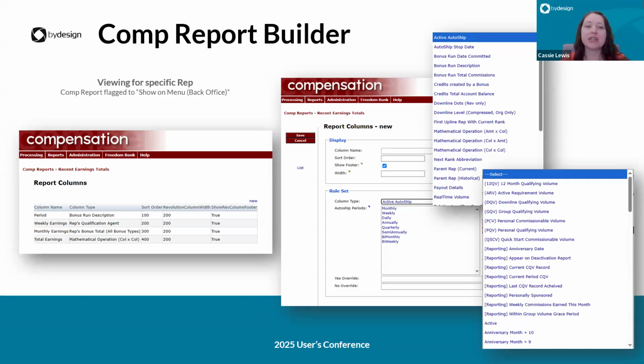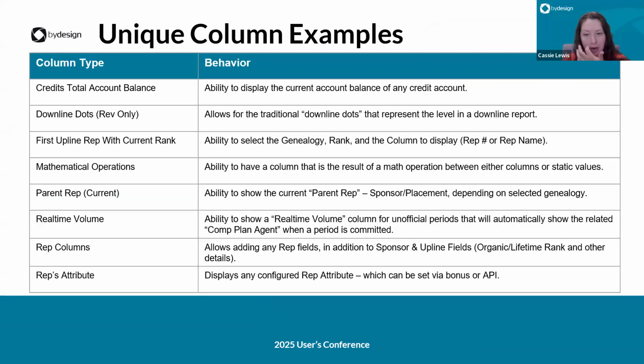So you're using this tool to literally build an out of the box, custom report using any of the data on your comp plan. Most common column examples, credit balance. You can build a report that shows credit balances for each of your reps. You can do first upline with a current rank.